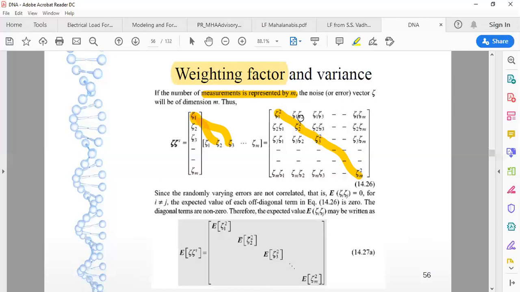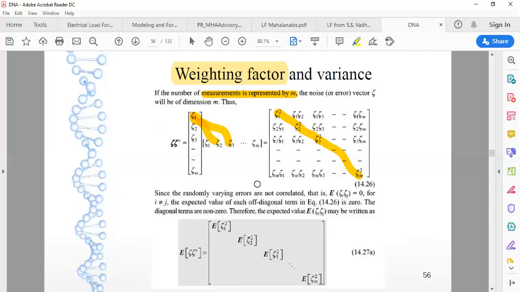This second component will show the interdependency of error offered by instrument 1 due to instrument 2. In real practice, if instrument 1 is faulty, then it won't create any harm for instrument 2 if the circuit is properly connected. By utilizing that fact, we can say that the product of zeta 1 and zeta 2 should not be considered while calculating.